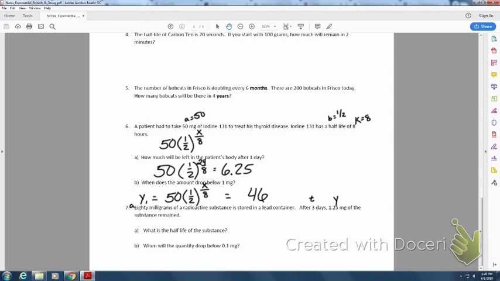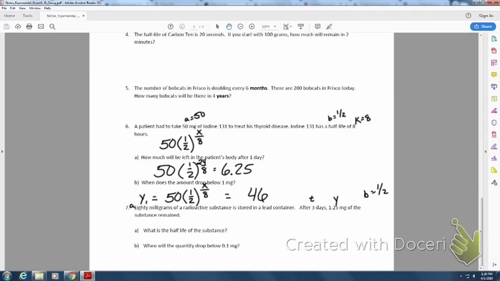You don't know that it's half-life until you read question A, where it's asking for the half-life. So, because this substance has some kind of half-life, you know that your B value is 1/2, but you don't have the K value. So that's what you're going to put X in for. It gives you time, the 3 days.